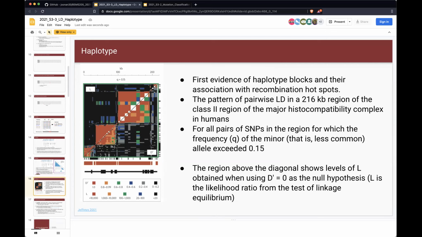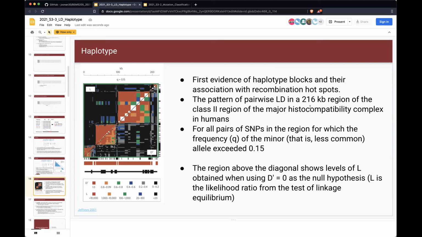That's the study from 2001, the first time people looked at haplotype patterns in our genome. What they found were the patterns of LD in a 200 kilobase region of the class 2 region of the major histocompatibility complex in humans. That is, I think, chromosome 6. People looked at how the genetic loci are linked to each other, and how big these blocks are in our genome.